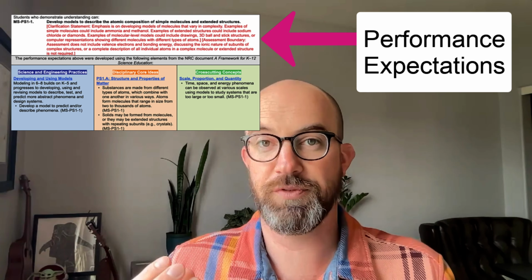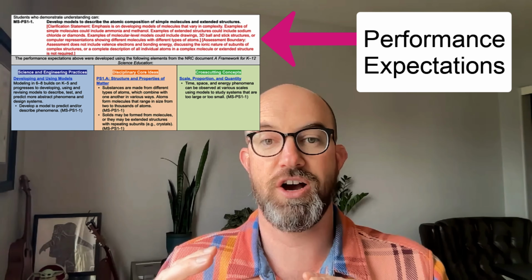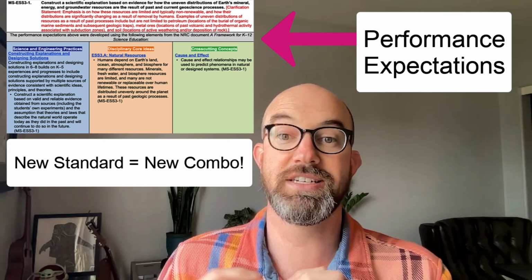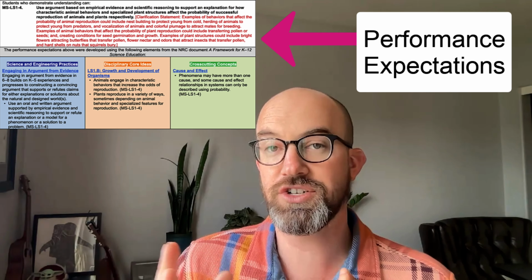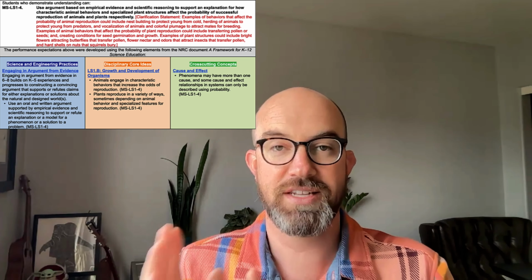And what's cool about these performance expectations is each dimension is purposefully recombined in different ways, in different performance expectations, to give students practice with each science and engineering practice, disciplinary core idea, and cross-cutting concept in new ways. The whole goal is to have students use their knowledge, skills, and these lenses to make sense of new phenomena. And that is what we call sense-making.